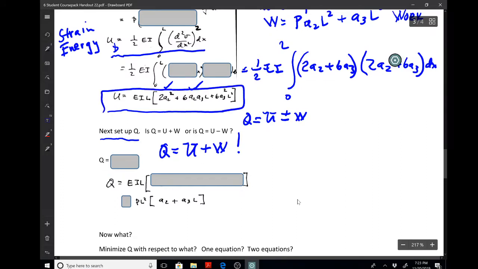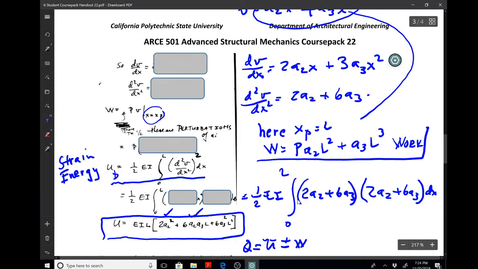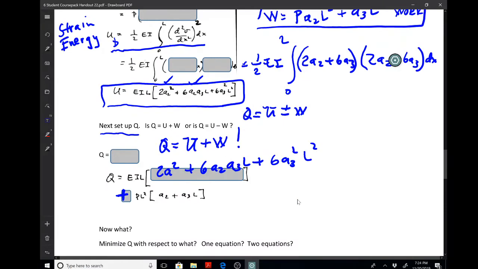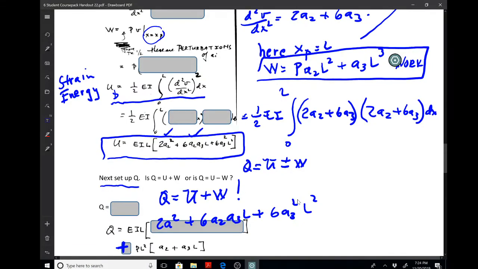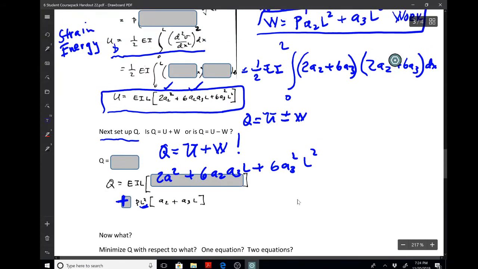So EI L 2A squared plus 6A2A3L plus 6A3 squared L squared plus, this is where you can screw it up, and the W, which we just figured out here, the work. P A2L squared plus A3L cubed. Oh, wait. Oh, sorry, I have an L squared out here. So P, no mistakes here.